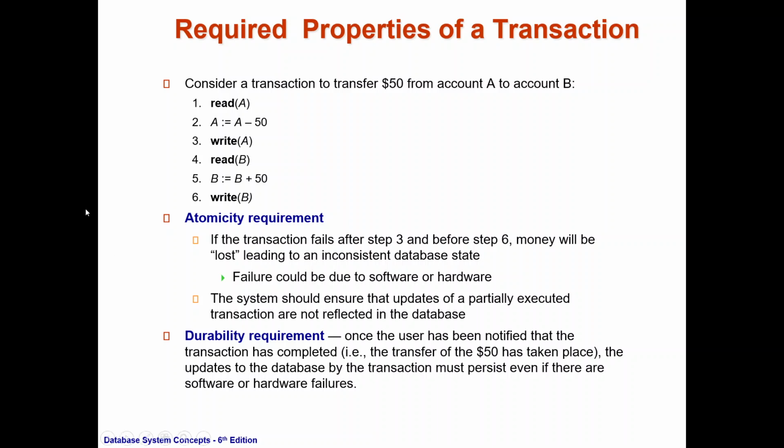For example, if the transaction fails after step 3, so write A, that is A minus 50, 950, but it fails before step 6, and it is not written in step 6, where the 50 deducted is added to B. So if it fails before step 6, then B will still show 2000 and A will show 950, right?